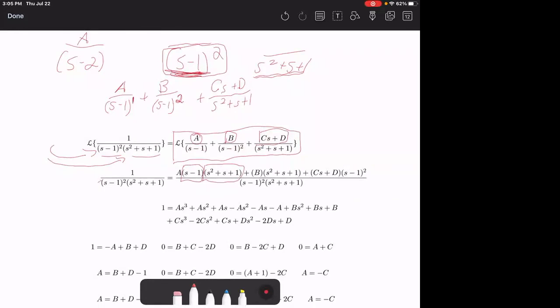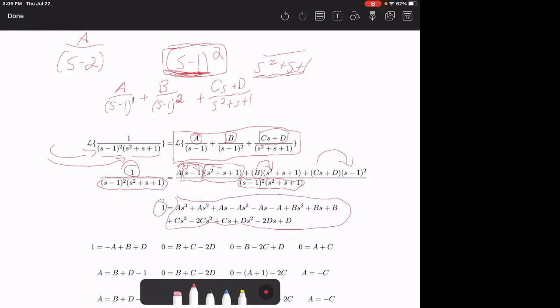We can forget the denominators for now because they're equal. So we can just set the numerators equal to each other. The left side is just 1. The right side, we actually have to multiply out every piece of this. So we have a rather long right side.